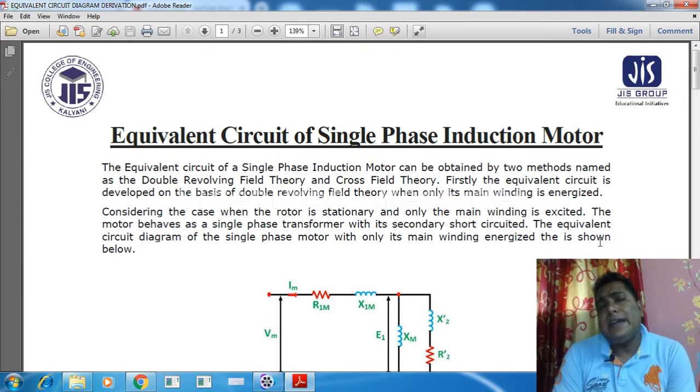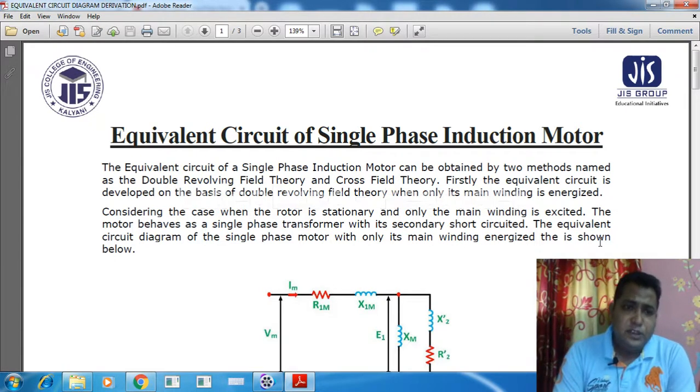There are different types of theories. Today's presentation is about how, considering the double field revolving theory, we can derive the equivalent circuit diagram of this single phase induction motor.